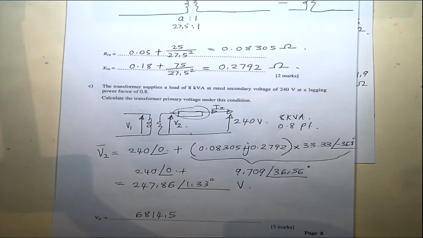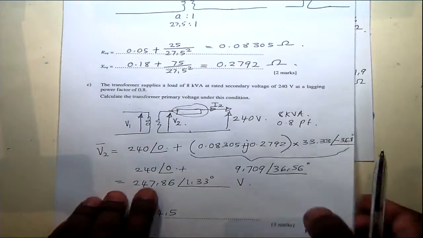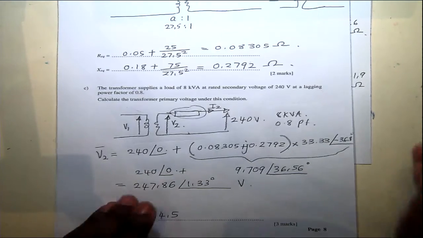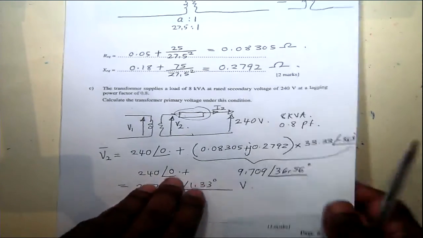So this is probably the more accurate way. You could also, if you look at this value, this is really small, the phase angle between the terminal voltage and the primary. So you can actually use the equation from the formula sheet, so you have this particular formula.